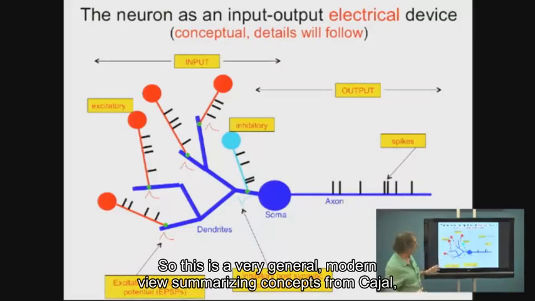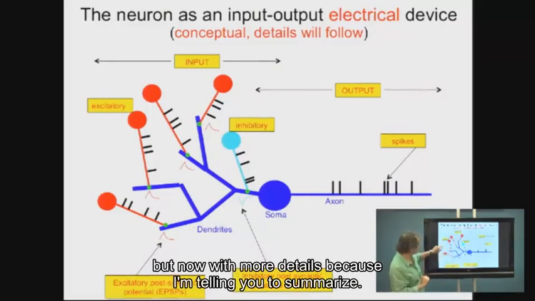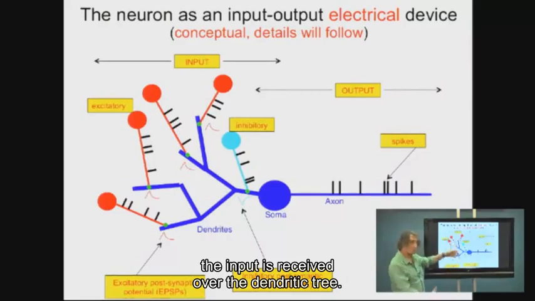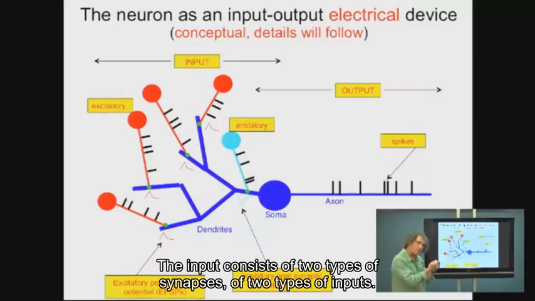So this is a very general, modern view, summarizing the concept from Cajal, but now with more details, because I'm telling you to summarize that the cell is an input-output device. The input is received over the dendritic tree. The input consists of two types of synapses, of two types of inputs.